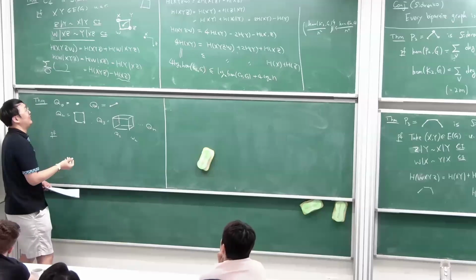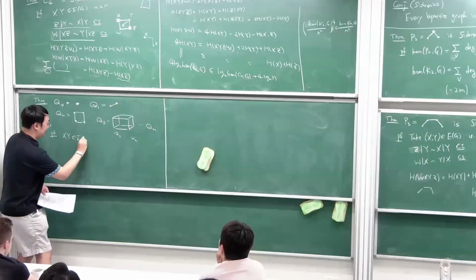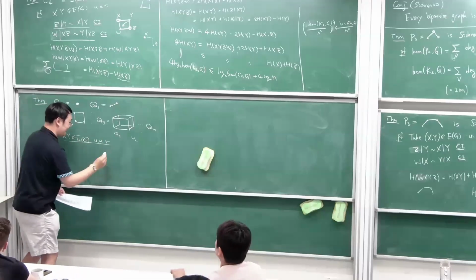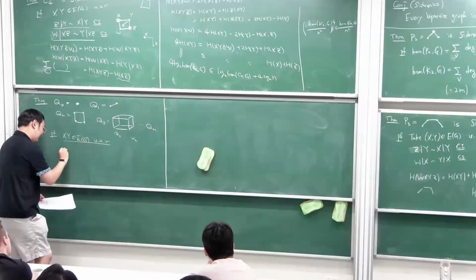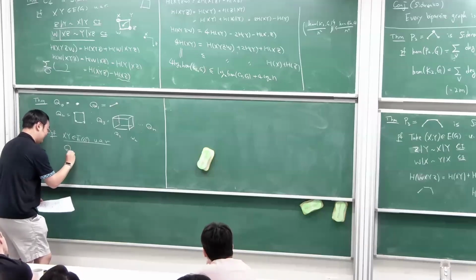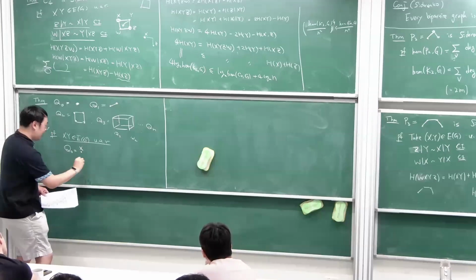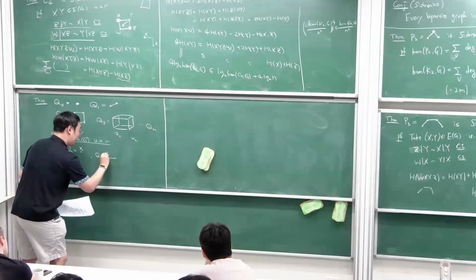The very first step, we sample xy in the edge of G uniformly at random. This will always be the same starting point. Let's say our Q0 is just the vertex x, and Q1 is the edge xy.